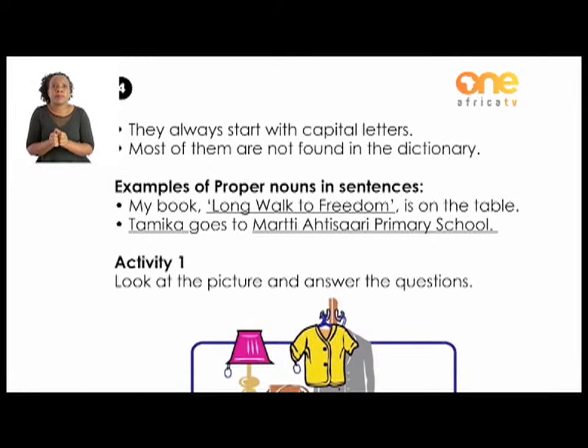The next one: Tamika goes to Mati Atisari Primary School. Now, the underlined words Tamika and Mati Atisari Primary School, those are the proper nouns.